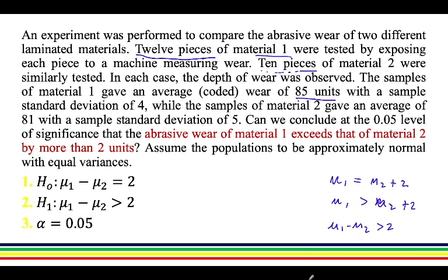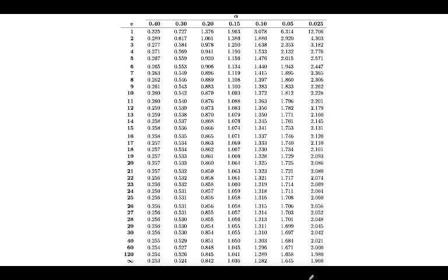Our level of significance is 0.05. Now it's time to get the value of t using the alpha of 0.05. Here at 0.05 alpha, and then let's solve the degrees of freedom, which is equivalent to 12 plus 10 minus 2, and this is equivalent to 20.